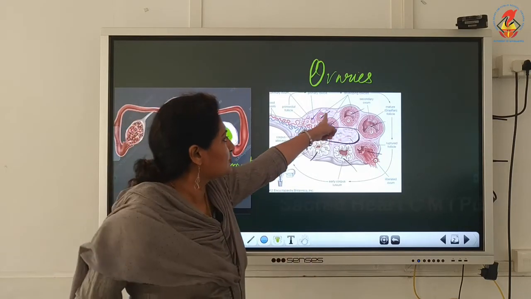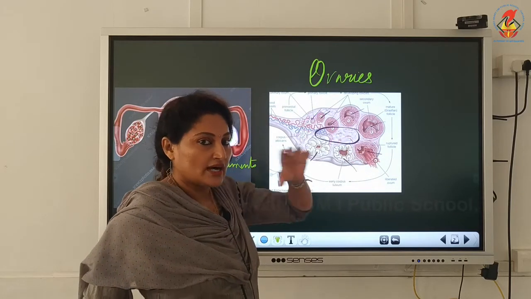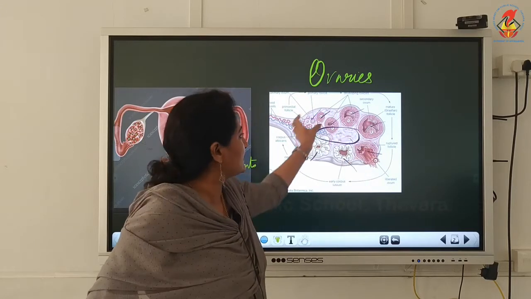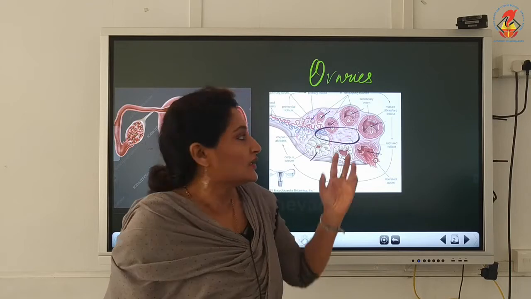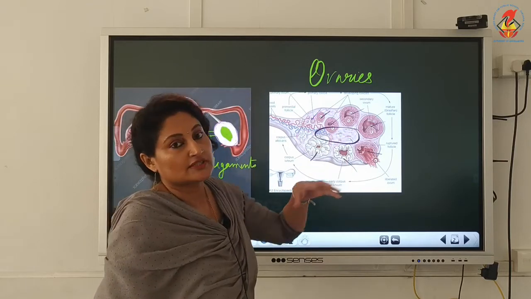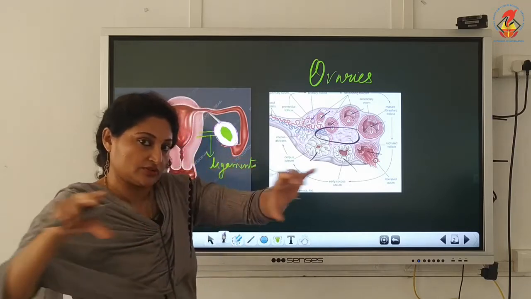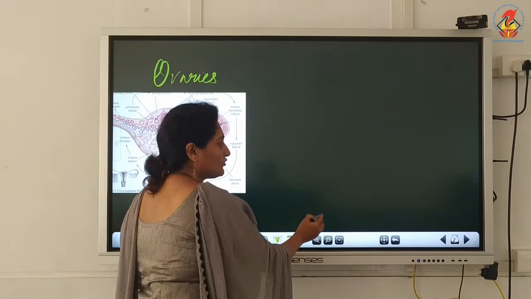Now we are going to learn the details of the ovarian follicles. Only after learning the different stages of the ovarian follicle, we can place it here. This is very helpful not only to study the structure of the ovary, but also to understand the menstrual cycle. So I am going to give it in a horizontal representation, the different stages of the ovarian follicles.